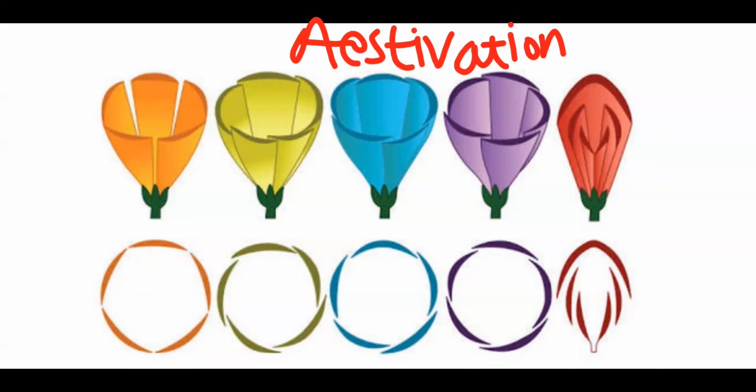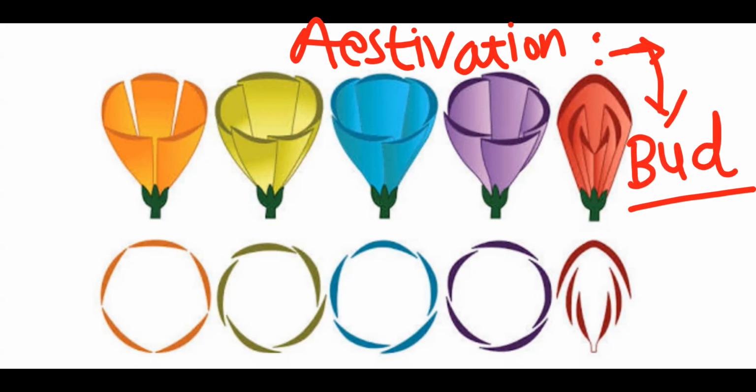First of all, remember, we can study estivation only when the flower is in a bud condition. When the flower opens, we can still study it, but it creates difficulty for us. So to easily study estivation, we need a flower in bud condition.